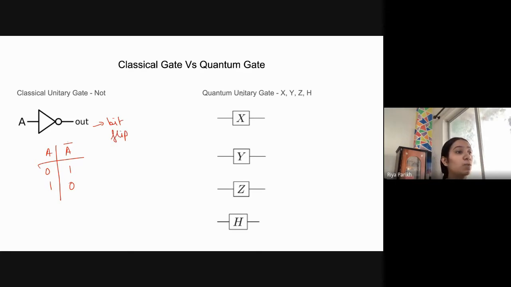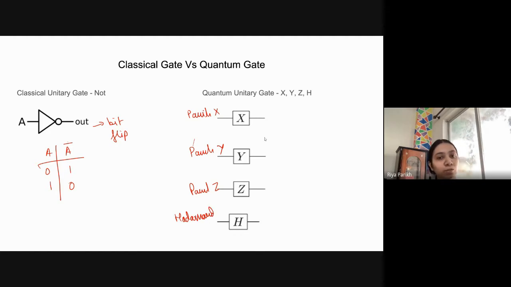Similarly, we have quantum gates in quantum computation. These gates are the Pauli X gate, Pauli Y, Pauli Z, and the last one is the Hadamard or H gate.